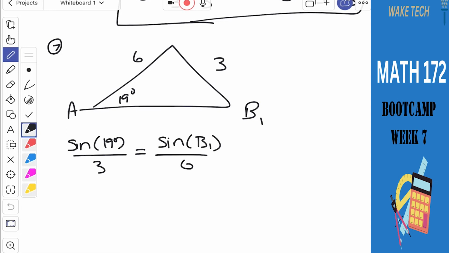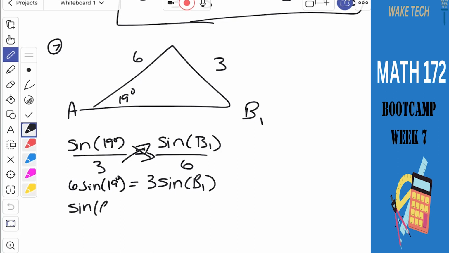Okay. Cross multiplying, we get 6 sine 19 equals 3 sine B1, which means that the sine of B1 equals 6 sine 19 over 3.